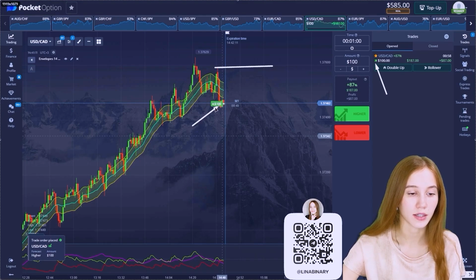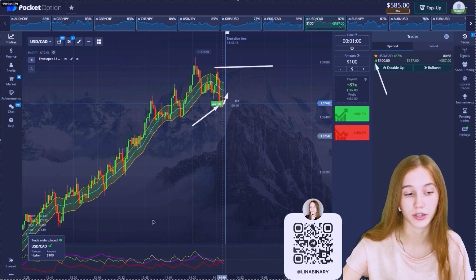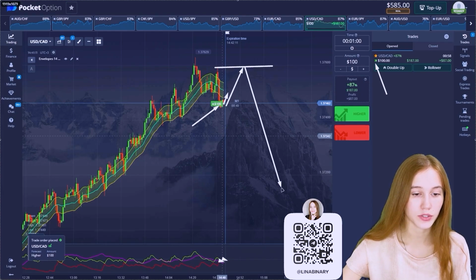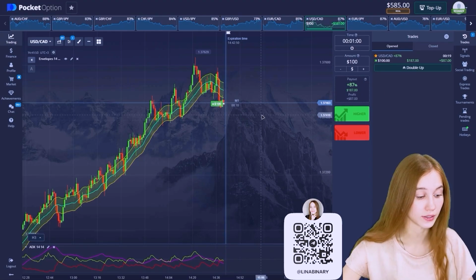Next, we see the ADX intensity begins to fall, and the green and red lines are in the downward range. Here and here. Yeah, these lines. So there will be an intersection, and the trend will roll back a little.